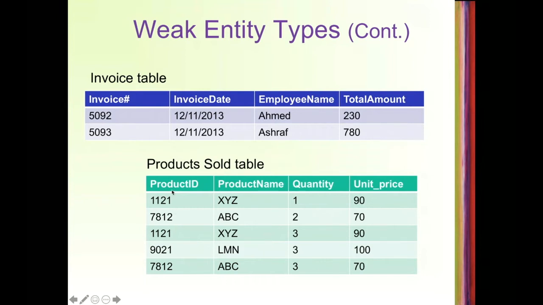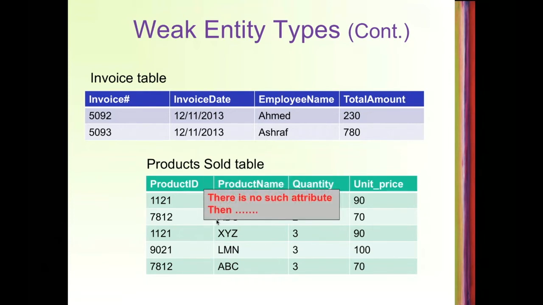If you just look at these items, how do we describe them? Which attribute identifies each row? These items definitely were sold in some invoice. So do we have something here, like invoice, in this table? Nothing, we don't have.